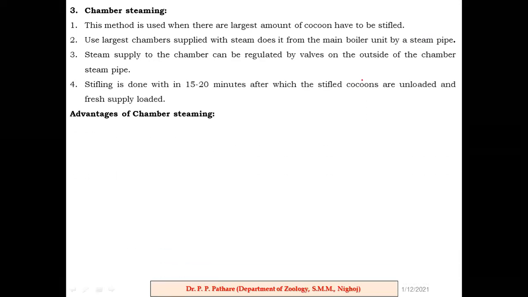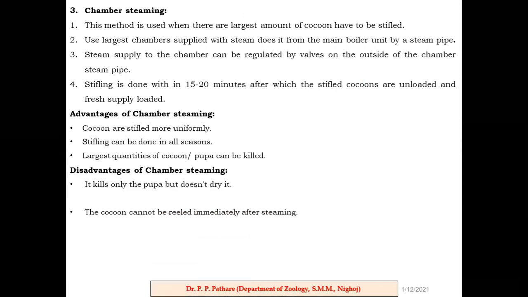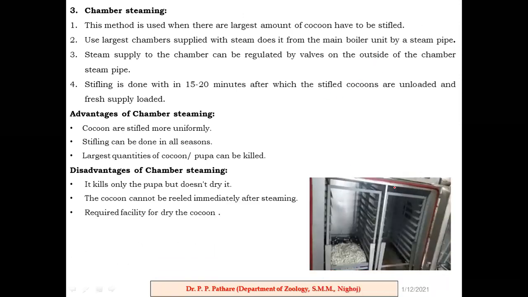Steam supplied to the chamber can be regulated by valves on the outside of the chamber steam pipe. This is a very good method for sun drying. I will show the diagram of chamber steaming. Now here you can easily understand what chamber steaming is.